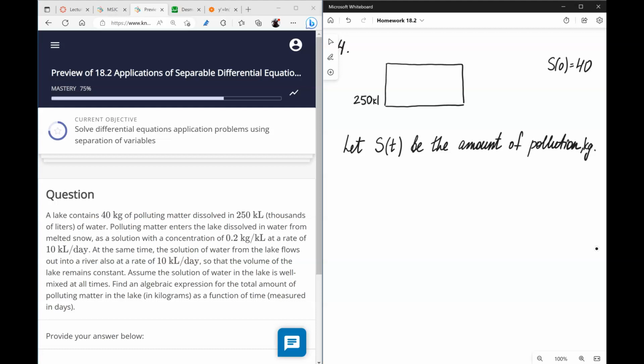And it enters at a rate of 0.2 kilograms per kiloliter, and it is 10 kiloliters per day.